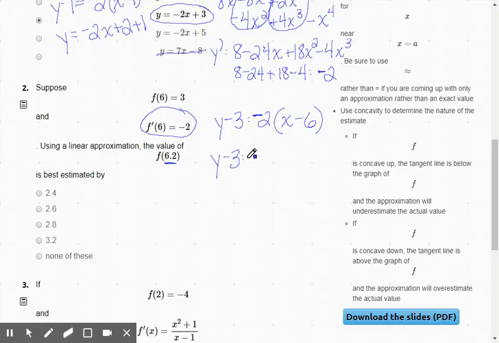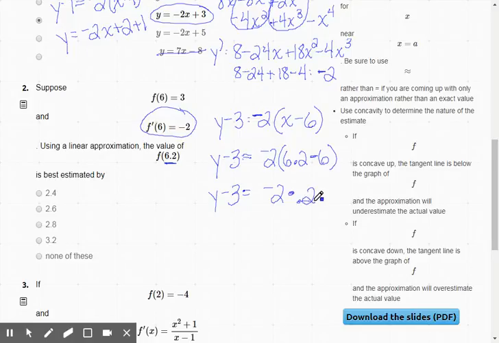So let's do that. It says you can use a calculator, but I've seen them do these as non-calculator problems because they give you something that's really close, and it's easiest if you leave it in this form because 6.2 minus 6 is 0.2.